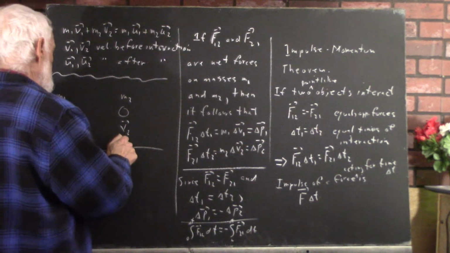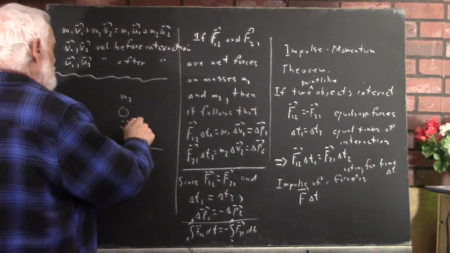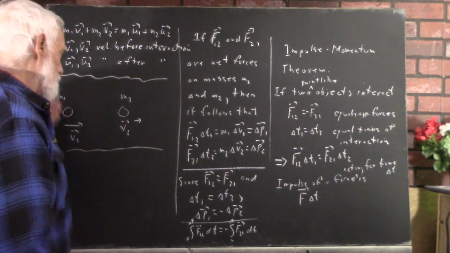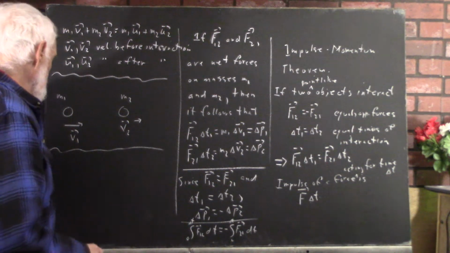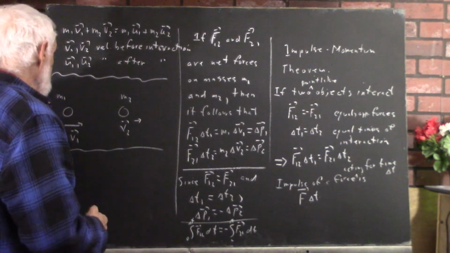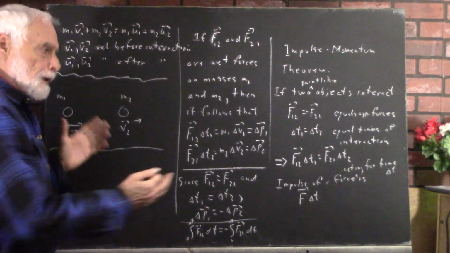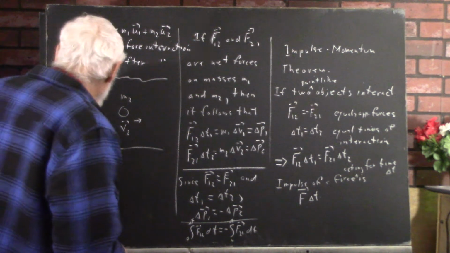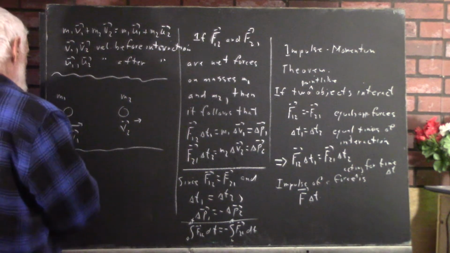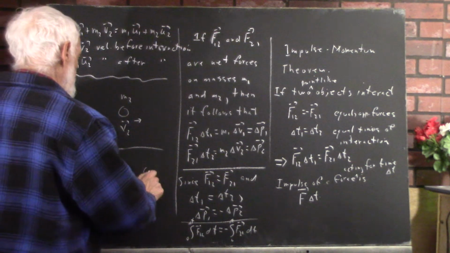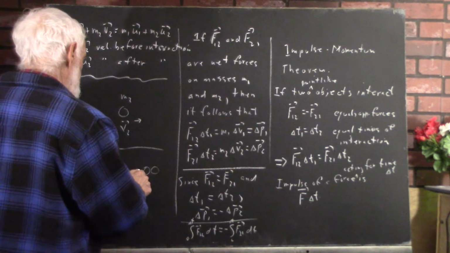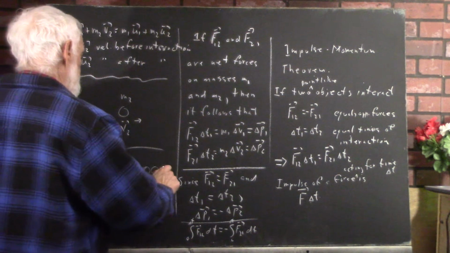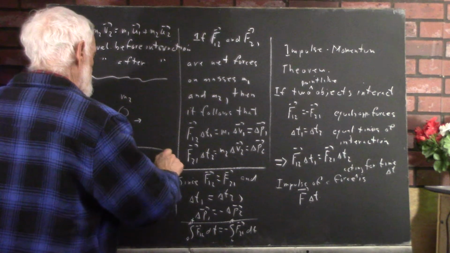So you've got m1, v1, and m2, v2, and I'm going to draw v2 in this direction. So this thing now has to catch up to this thing, just the way I've drawn it. This is just a general drawing. You don't have to draw them approaching each other as long as they have velocities that eventually bring them together. And then after collision, maybe they've caught up, and just after collision you have U1 and U2.